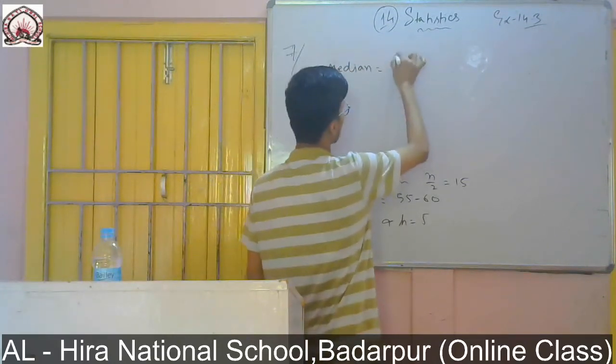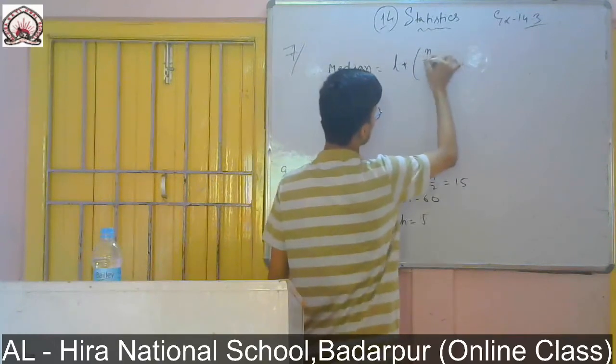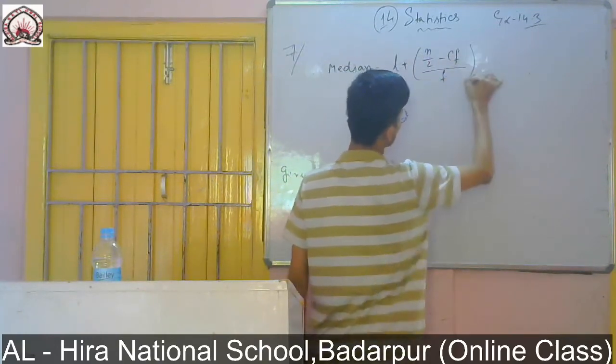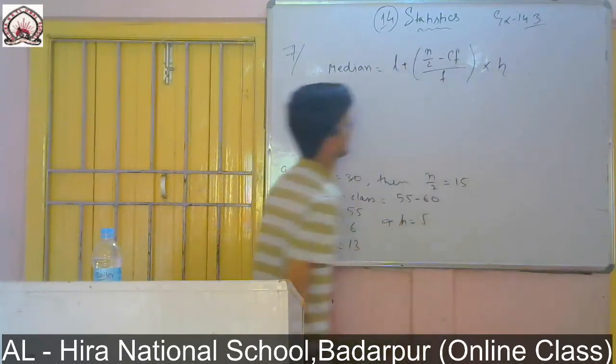Median equals L plus n by 2 minus cumulative frequency divided by the frequency, into h.